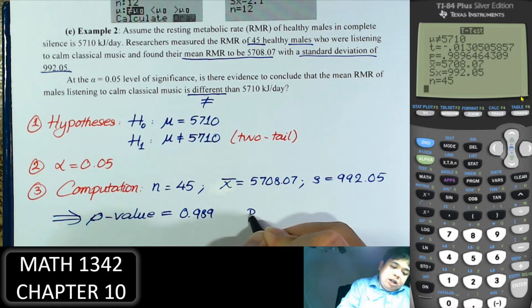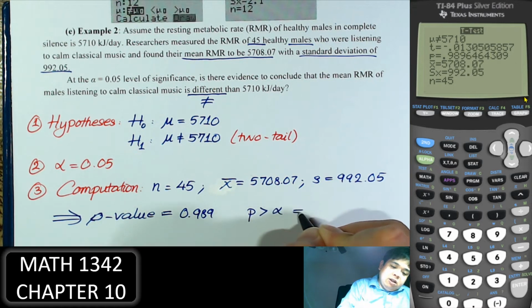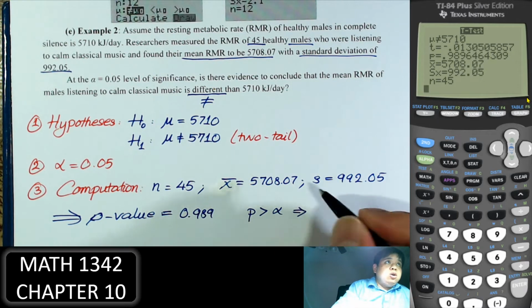And of course, once again, the p-value is bigger than alpha, so we do not reject it.